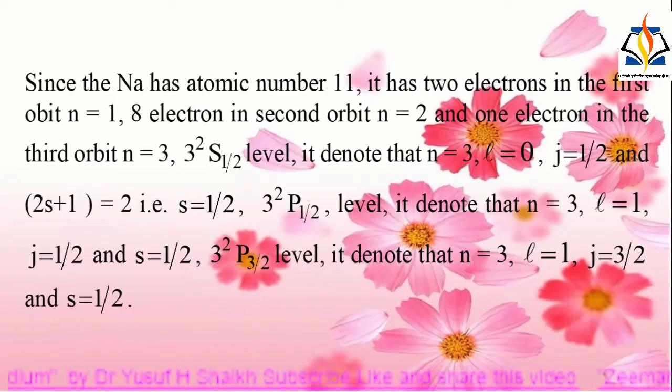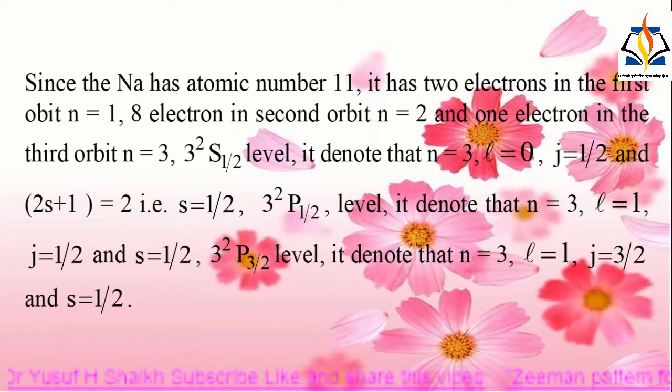Since sodium has atomic number 11, it has 2 electrons in the first orbit, n equal to 1, 8 electrons in the second orbit, n equal to 2, and 1 electron in the third orbit, that is n equal to 3. So the 3 square S half level denotes that n is equal to 3, L is equal to 0, J is equal to half, and 2S plus 1 is equal to 2, that is S is equal to half.